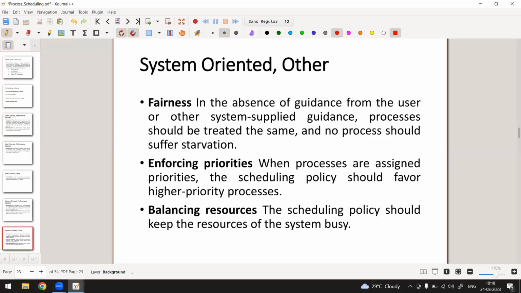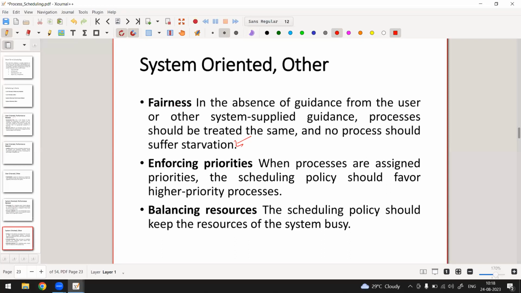You should not give more importance to one process and less importance to another, given that they are of the same nature.